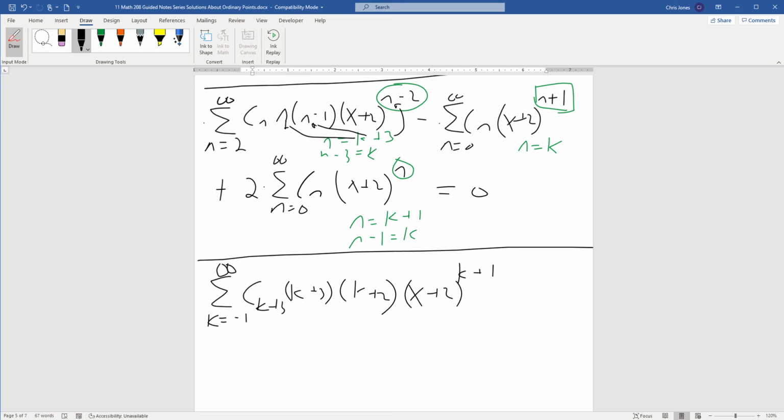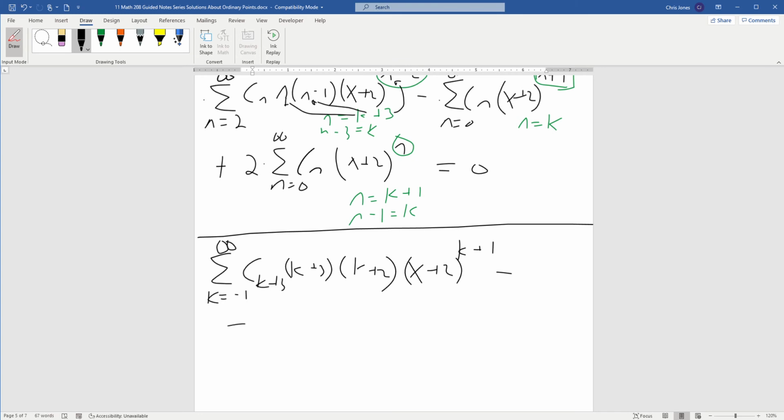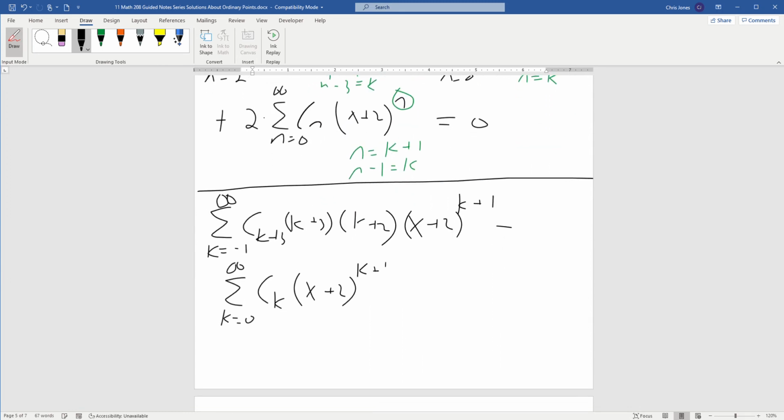The second series stays: minus series k equals 0 to infinity, c sub k, (x plus 2) to the k plus 1. That's good because we want a k plus 1.